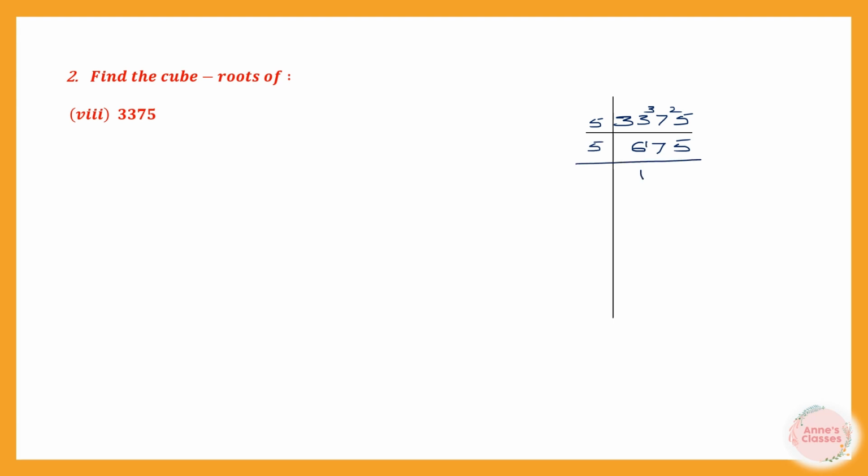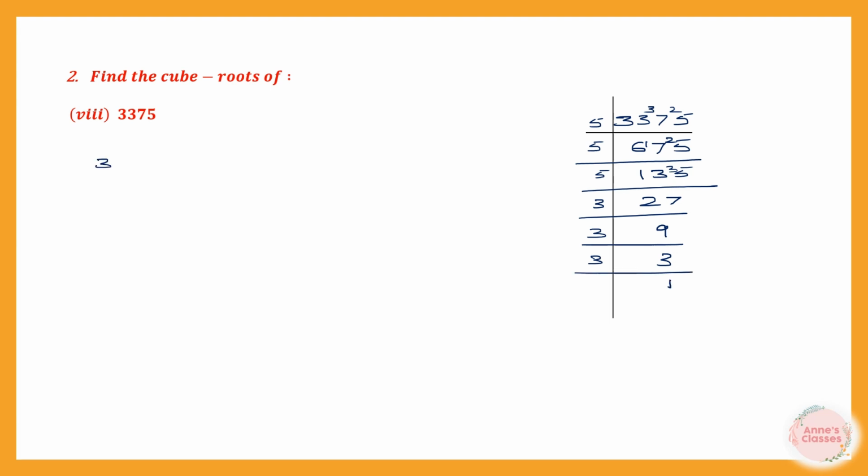There's 1 left, 17. 5 3s are 15. 16, 17, there's 2 left, 25, 5 5s are 25. Again we can use 5, 5 2s are 10. There is 3 left, 35, 5 7s are 35. Now let's use 3. 3 9s are 27, 3 3s are 9 and 3 1s are 3.